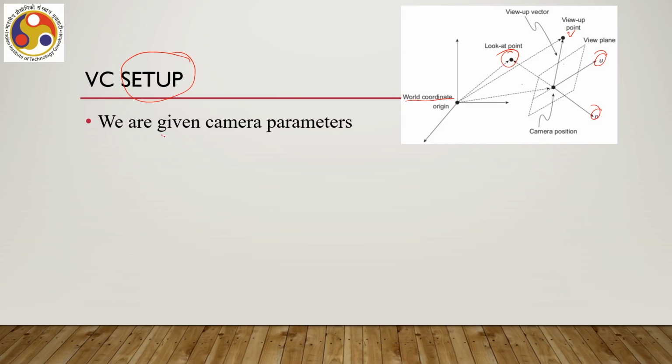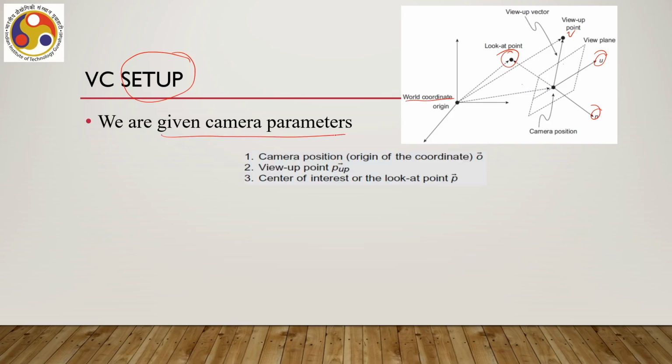So, we are given the camera parameters. What are those parameters? Camera position, that serves as the origin, which can be represented in this origin vector with respect to the world coordinate scene.